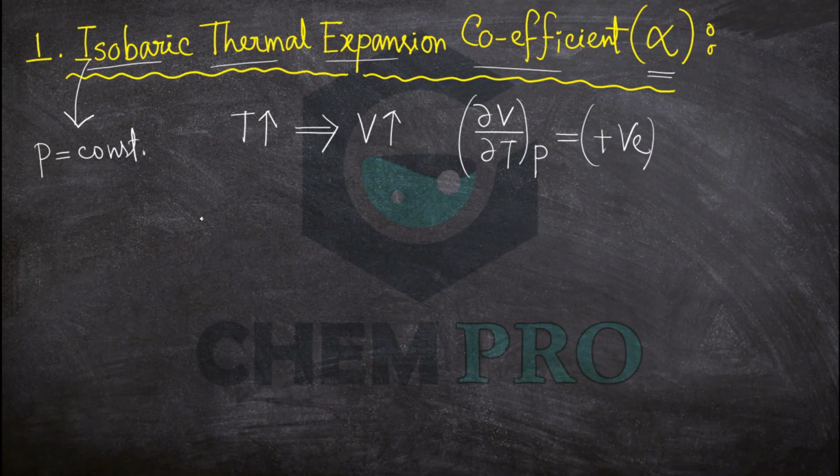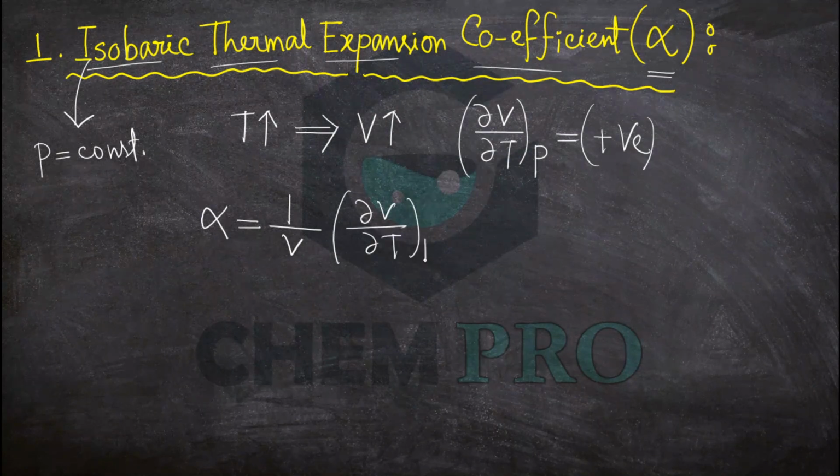Let's check the formula of alpha, that is alpha equals 1 by V into del V by del T at constant P. We have to remember this formula of alpha.